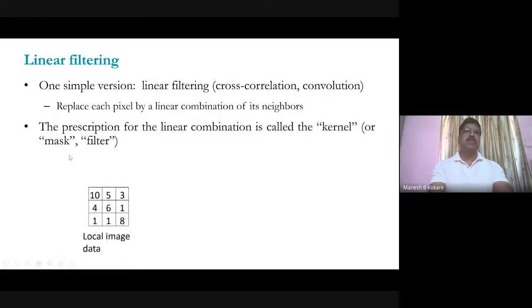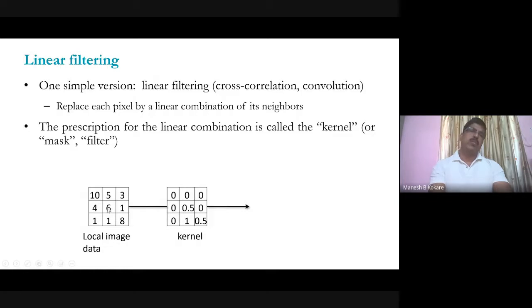Now see that this is your original image, a 3 by 3 image, and you have a mask or kernel function having values 0.5, then 1, and then 0.5, and the rest of the weights are 0.